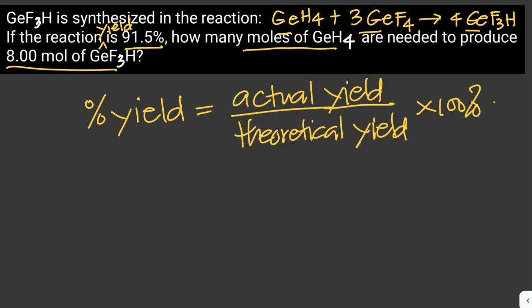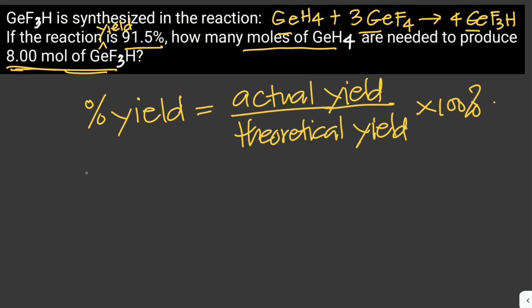All right, in the problem we're given the percent yield and the actual yield, a number of moles of germanium fluoride, which is 8 moles. So we can plug in all the given values to solve for the theoretical yield. Then we would multiply that by the mole ratio to get the number of moles of germane or germanium hydride that are needed to produce 8 moles of germanium fluoride.